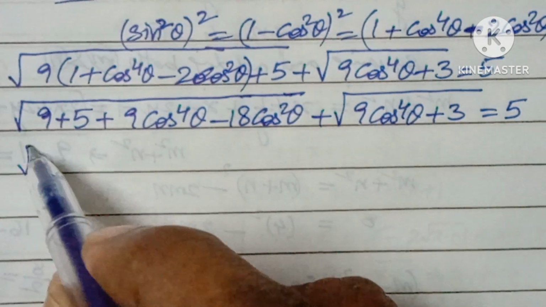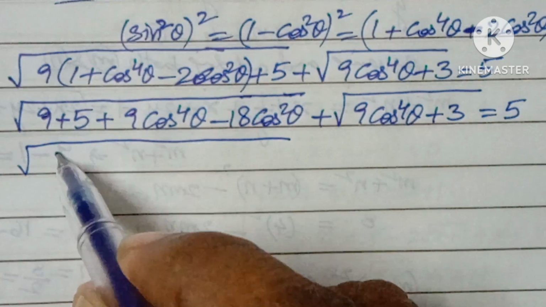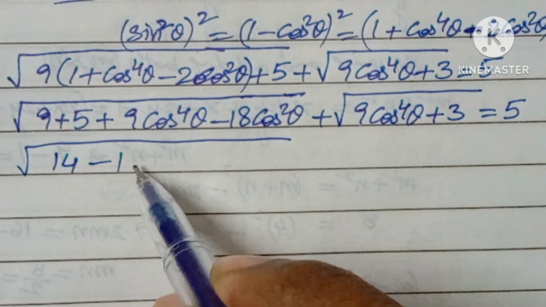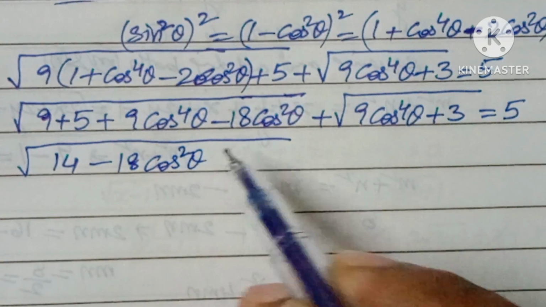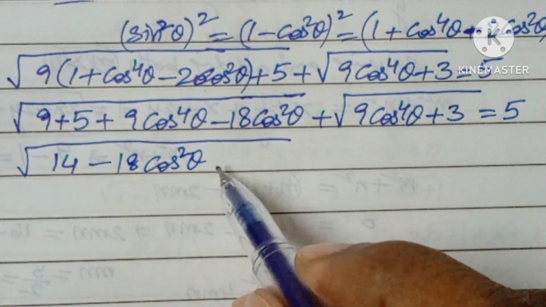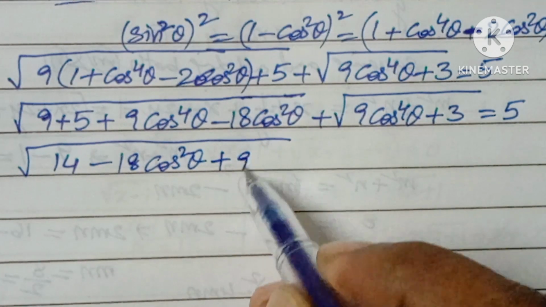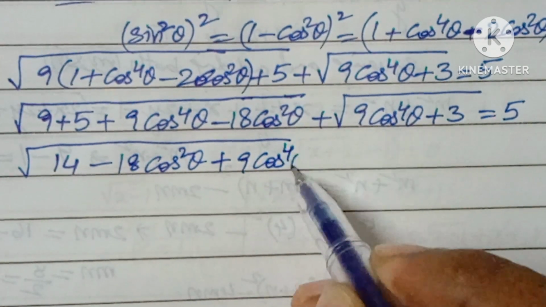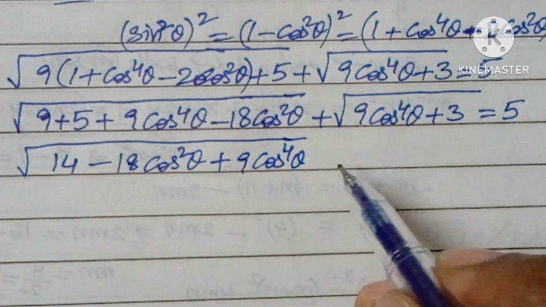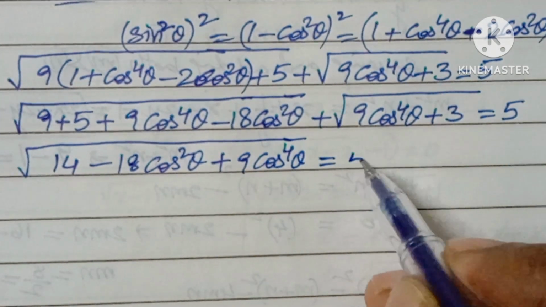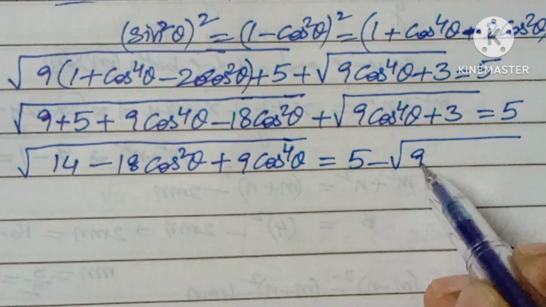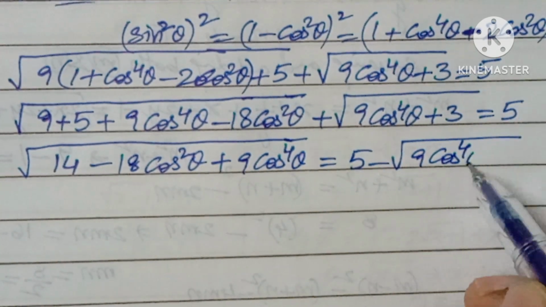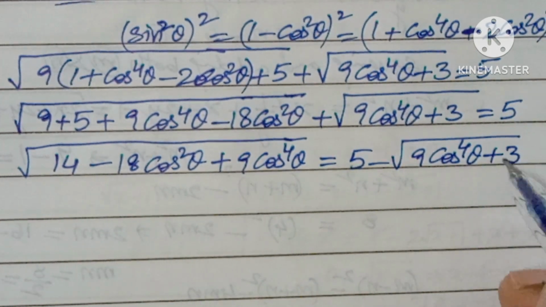Now here we'll get square root of 14 minus 18 cos square theta plus 9 cos power 4 theta is equal to 5 minus root of 9 cos power 4 theta plus 3.